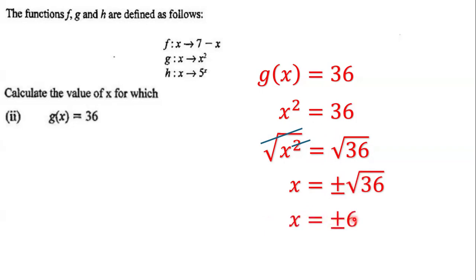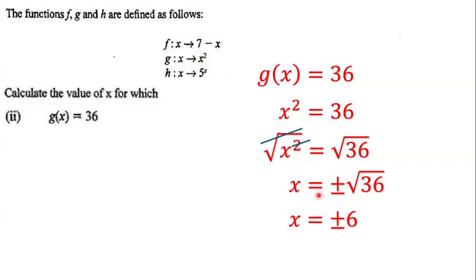So the value of x for which g of x is equal to 36 is 6. But notice that I have plus or minus 6. It could be positive 6 or it could be negative 6. And that makes sense because if we have x squared and we put in positive 6 squared, that is still 36.